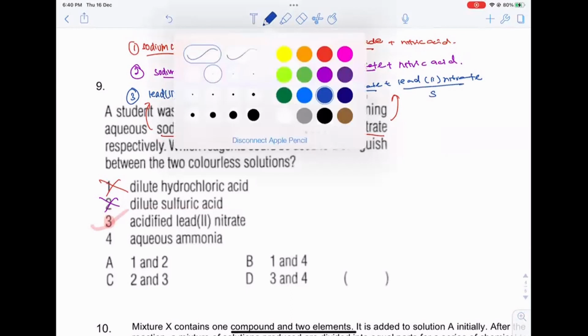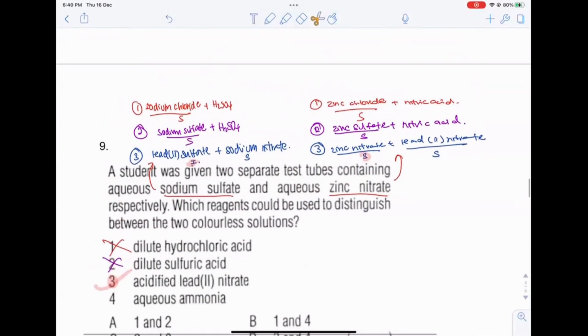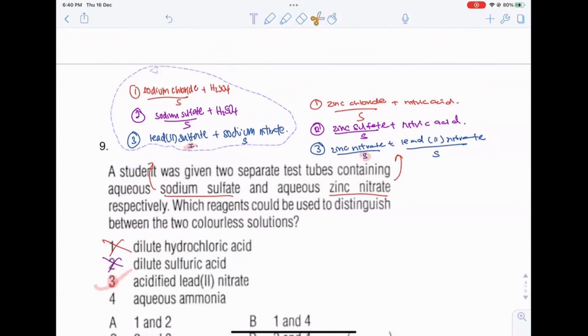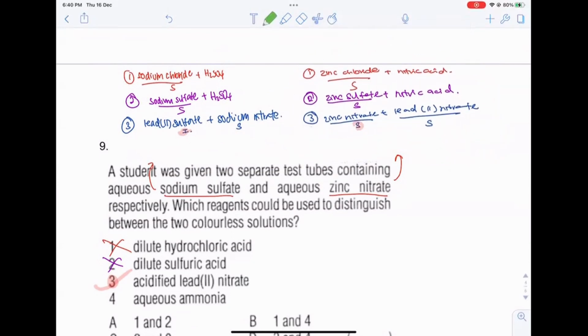And then the last one, aqueous ammonia. Okay, I'm going to try to shift all this up. Okay, I add aqueous ammonia. So for sodium, you get sodium hydroxide, which is just colorless, right?